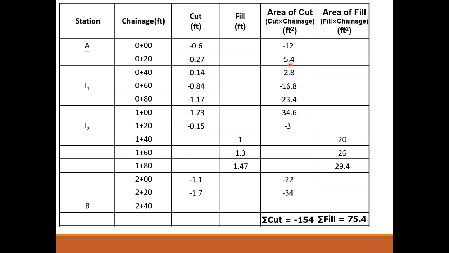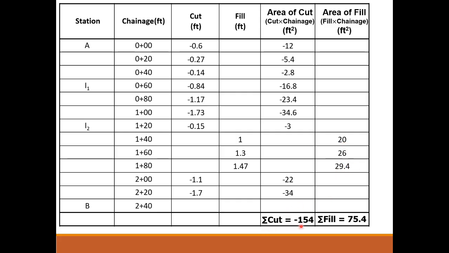The second value is 20 multiplied by 0.27, equal to 5.4 square feet. So all these values are calculated by multiplying the cut value by 20, which is the chainage. Similarly for area of fill, the fill value is multiplied by the chainage to directly give you the cross-sectional area of individual filling portions.